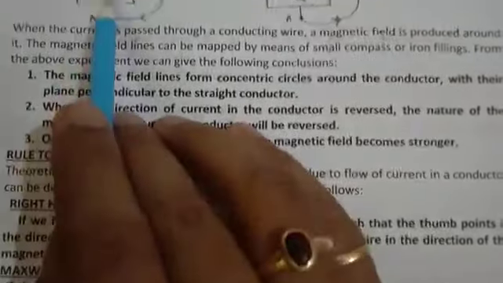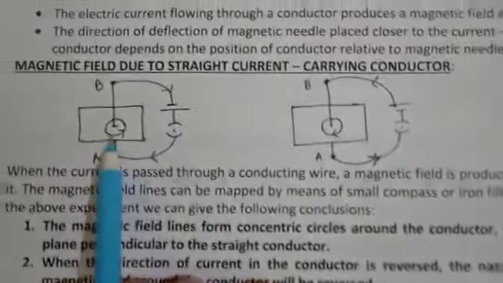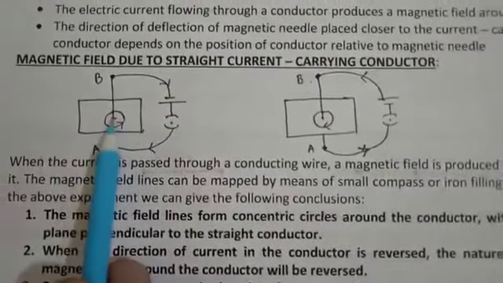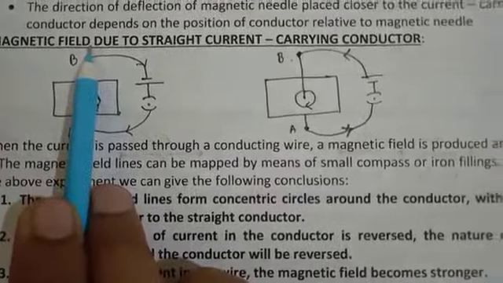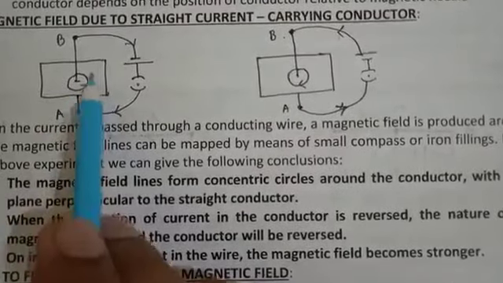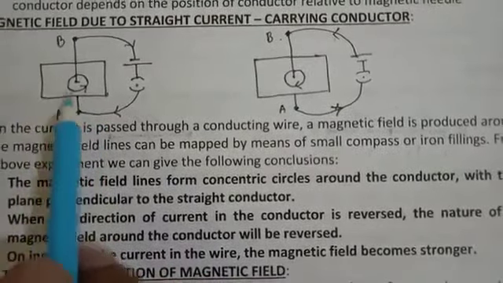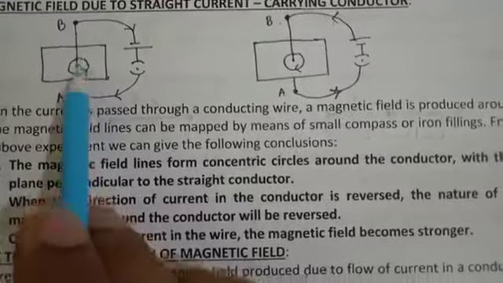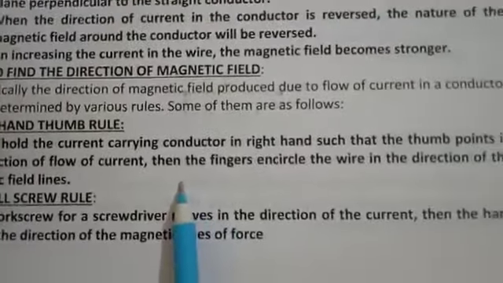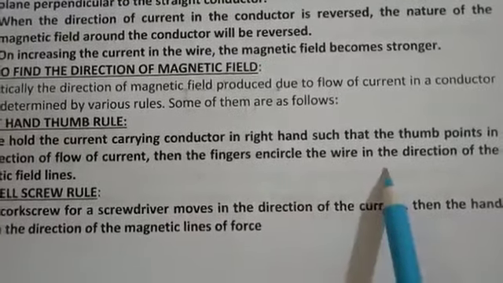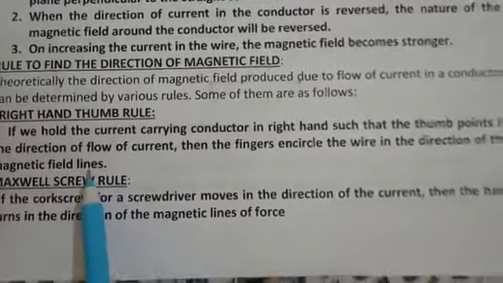That means if we put the thumb pointing upward, in the direction of flow of the current, then the direction of the remaining fingers represents the direction of the magnetic field. Then the fingers encircle the wire in the direction of the magnetic field lines.